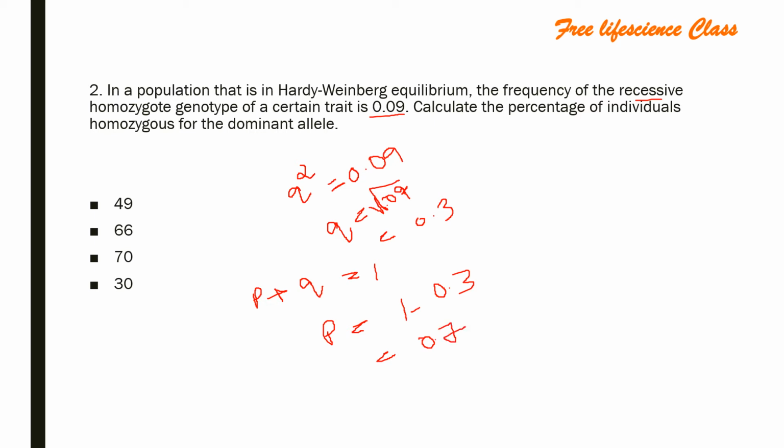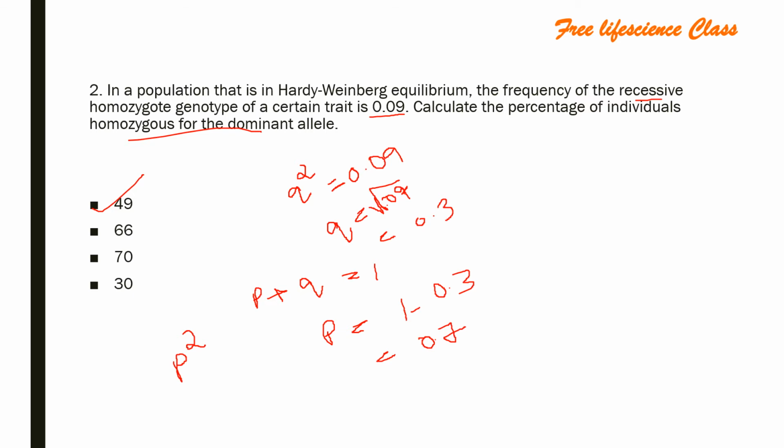But they have not asked to find the p allele. We are asked for the individuals homozygous dominant, so we have to find p square. 0.7 into 0.7 is 0.49, and when we calculate it into percentage, we will get 49%. So the answer for this question is 49.